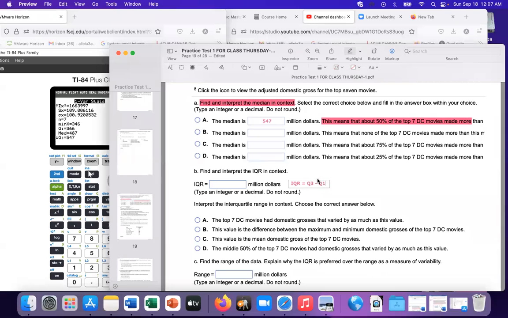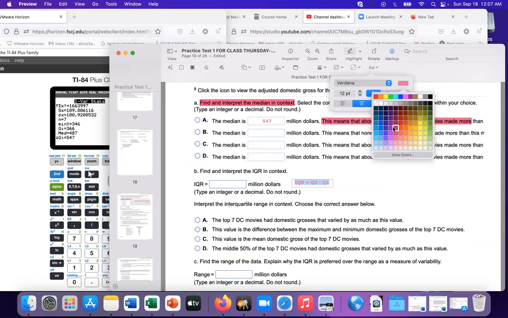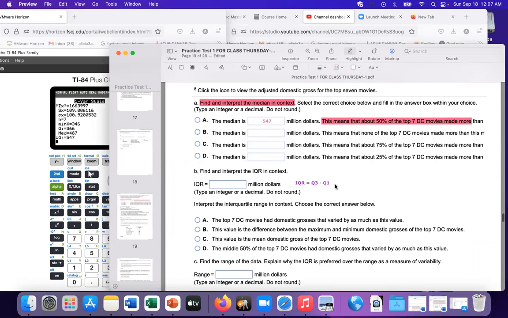That's going to give you the interquartile range. So that's something you would want to know. It doesn't give you the actual value, but if you know this formula, then you can solve it.